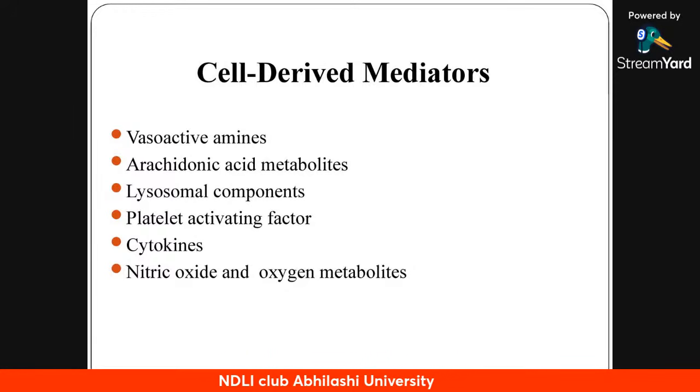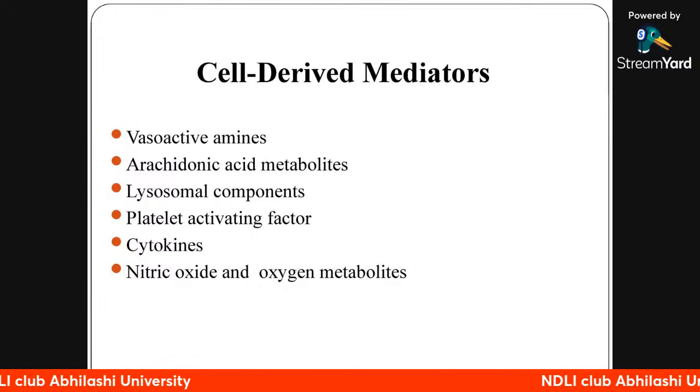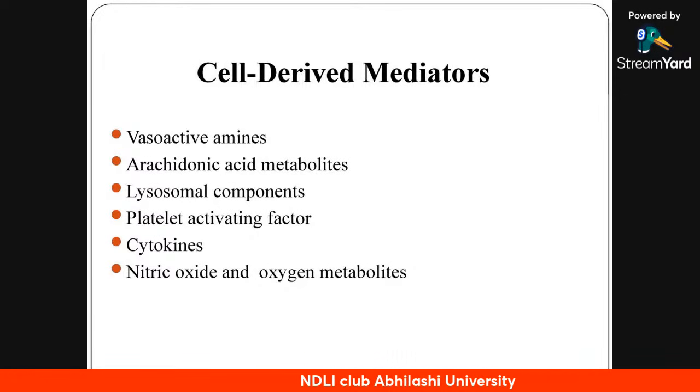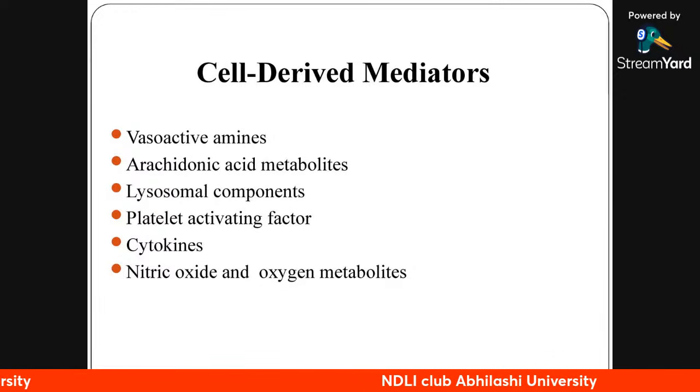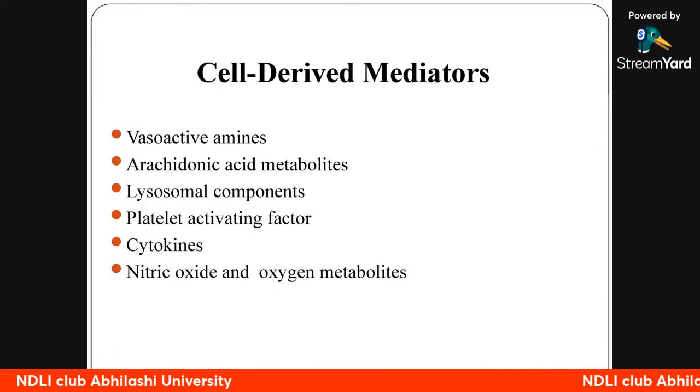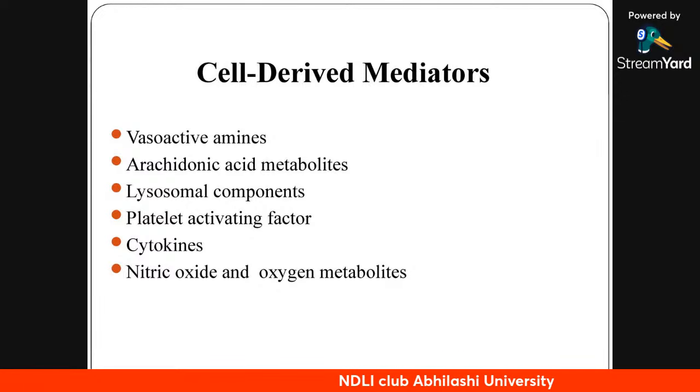Cell-derived mediators are released either from their storage in the cell granules or are synthesized in the cell. Various cell-derived mediators are vasoactive amines, arachidonic acid metabolites, lysosomal components, platelet activating factors, cytokines, nitric oxide, and oxygen metabolites.